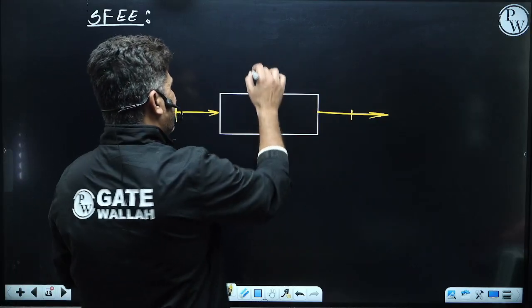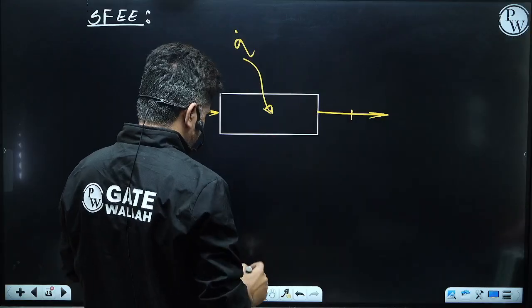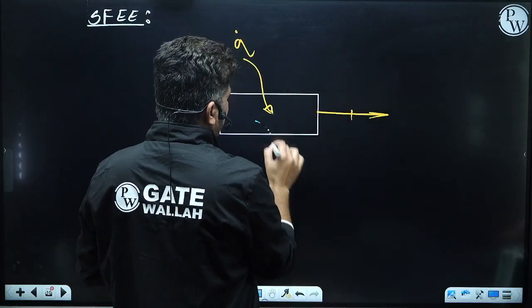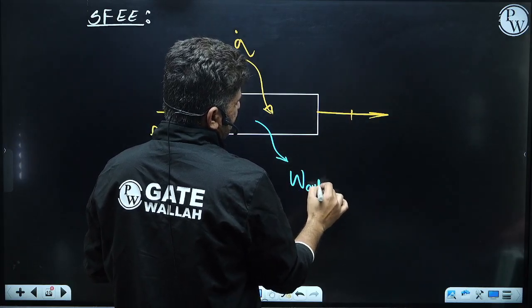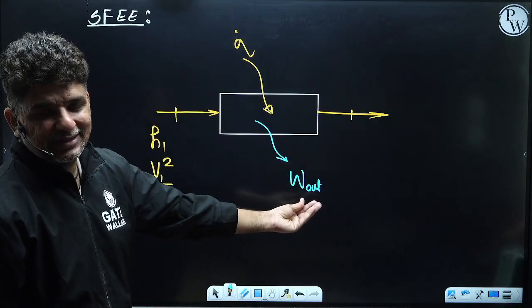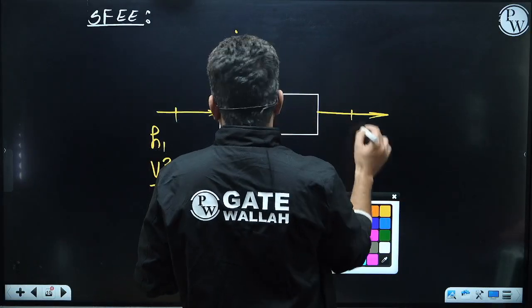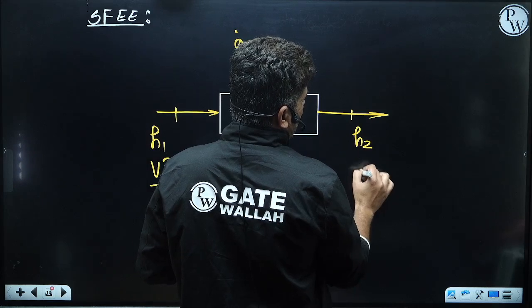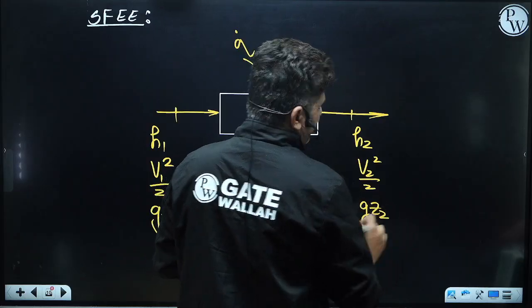Now there is certain heat which is added, so let's say you have some heat added Q dot, and there is some work W out which is done by this device. And there is energy which is going out: enthalpy going out, kinetic energy going out, and potential energy going out.